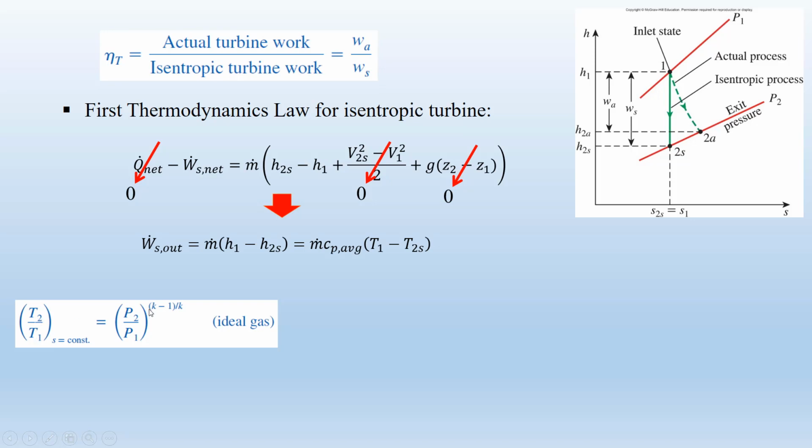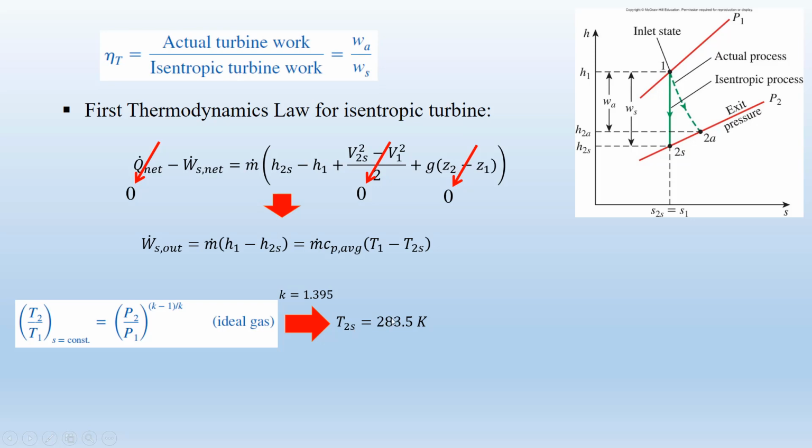T1 is known, P2 is known, P1 is known, and you can find K for air from the reference table. I think it's 1.395 or 398. Keep in mind that the temperatures must be absolute temperatures. So K is 1.395, and you have the pressure and the temperature. If you substitute into this equation, you can find the T2S.